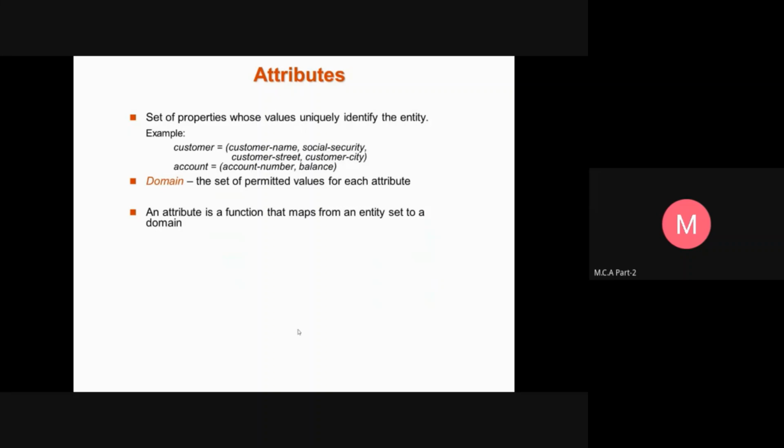So looking at this, we can have the student name together with the year he joined uniquely identifying that particular entity within that entity set, students. So that's why a set of attributes could uniquely identify the record.